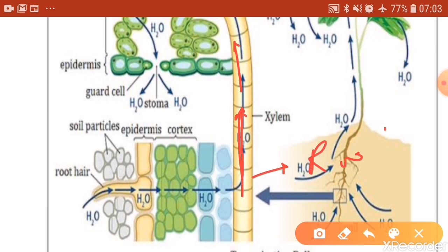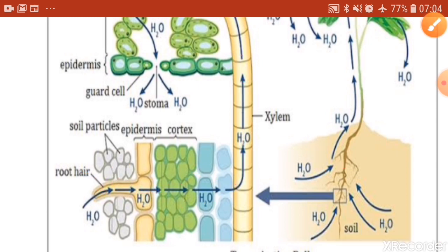And when the xylem vessels pull water from the root region to the stem, water will be taken from the root cells. As water is taken from the root cells, the water concentration is going to reduce, so water is going to be absorbed by the root hairs, and then it moves again to the interior.